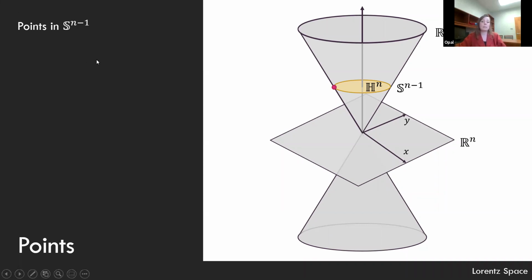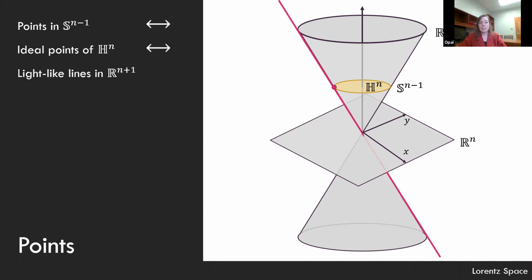For points in the n-1 sphere, if we're thinking in hyperbolic n space, those are going to be our ideal points of hyperbolic n space. And that in turn is going to correspond to a light-like line in n+1 space.